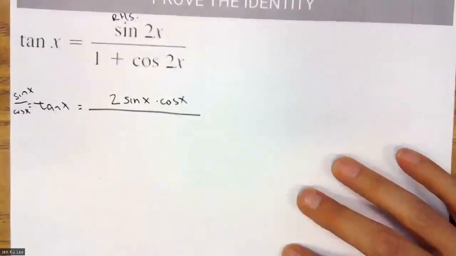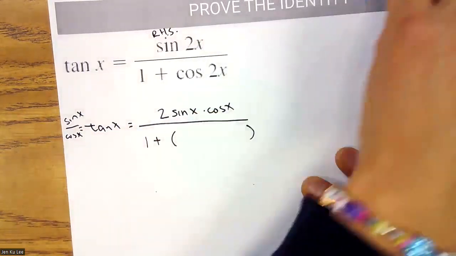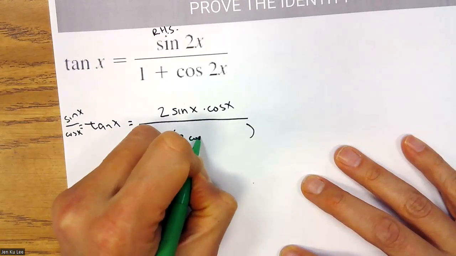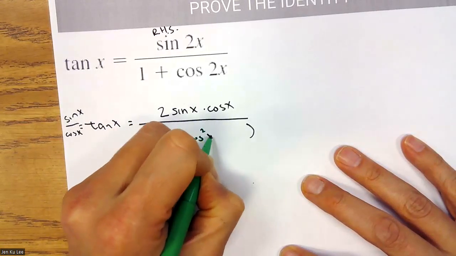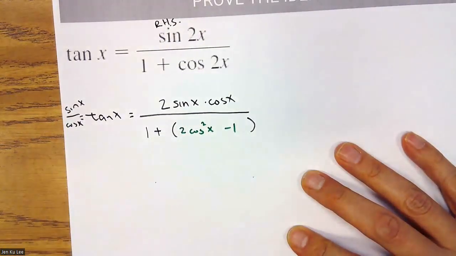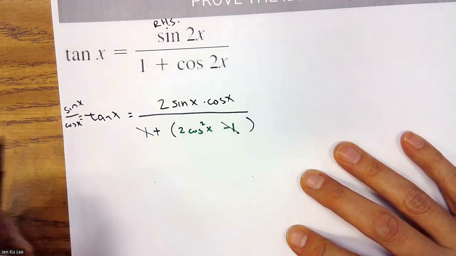2 cosine squared. So it's 1 plus, in parentheses, 2 cosine squared x minus 1. I actually don't need the parentheses because it's a plus. So 1 minus 1, they become a 0.